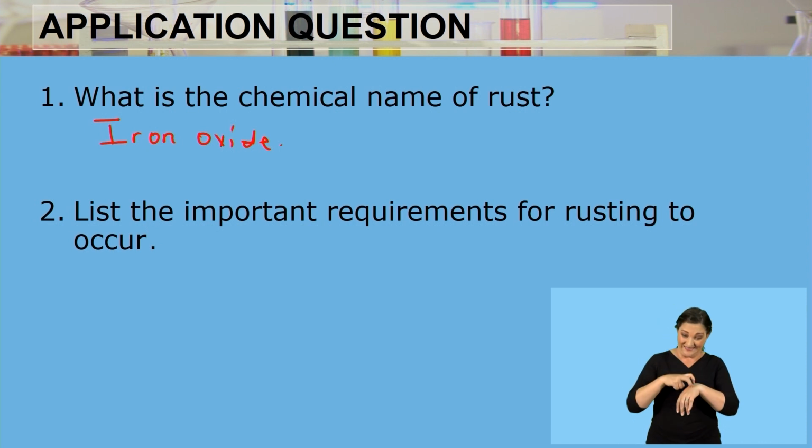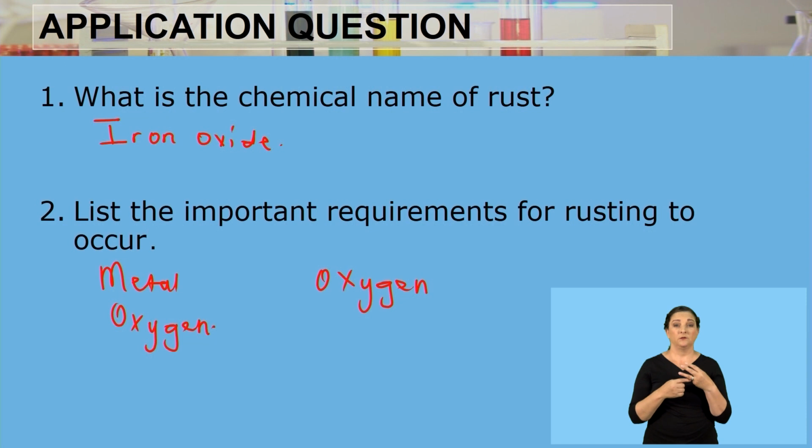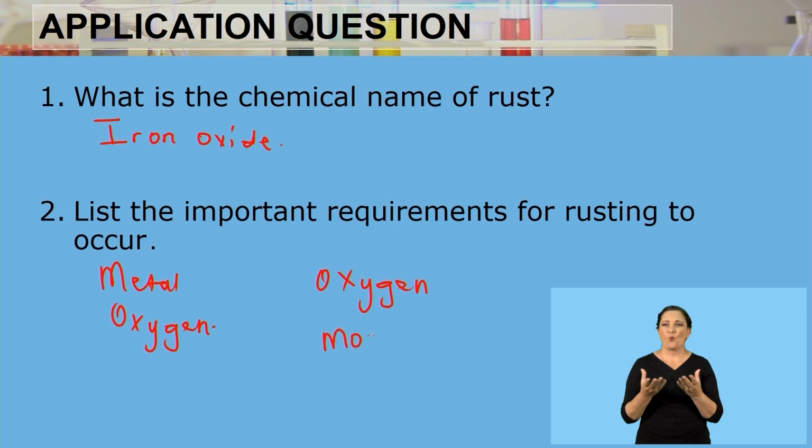Then question 2, list the important requirements for rusting to occur. So for this process to happen, what is needed? We need the metal, we need the oxygen, but most importantly, we need oxygen. We also sometimes need moisture or water. Let's just say moisture.